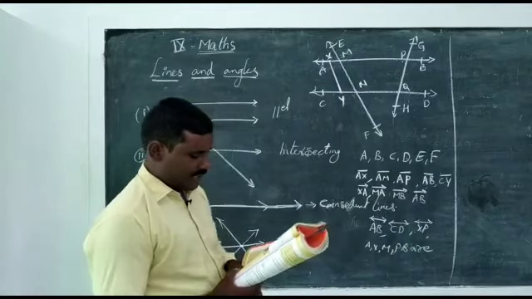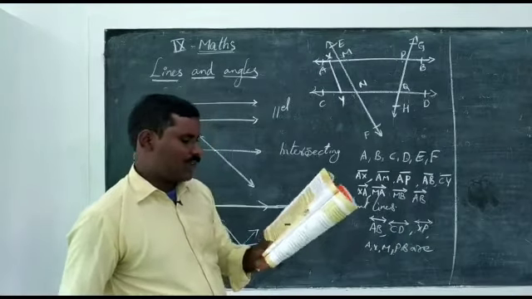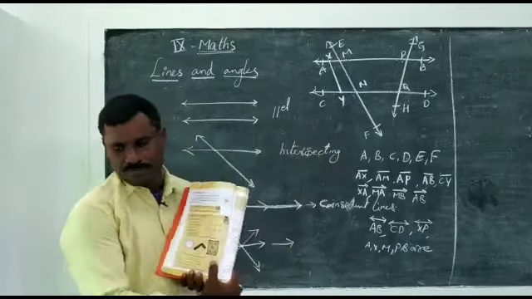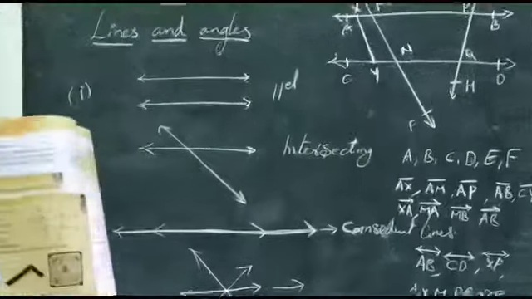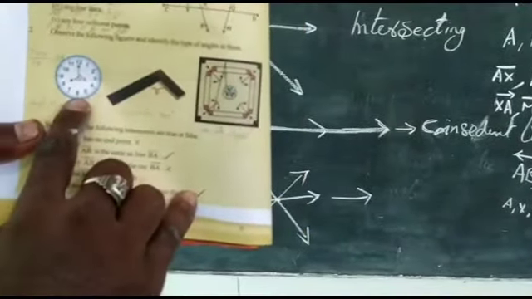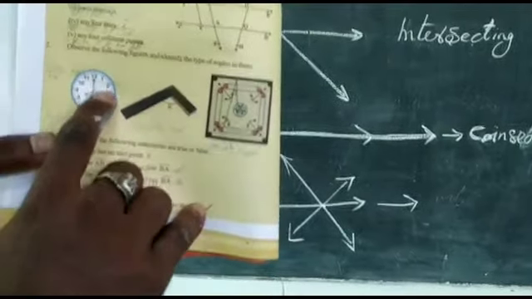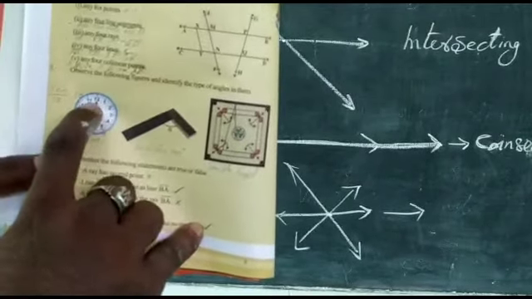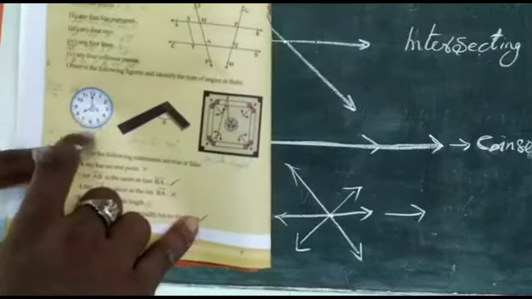And the second one, observe the following figures and identify the types of angles. Once observe here, this figure you can observe. What is angle A? If you observe this one, more than 90 means it is an obtuse angle.